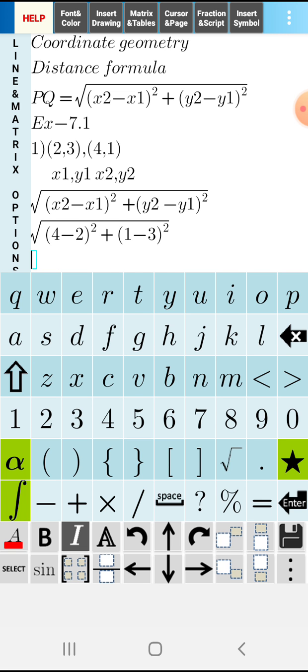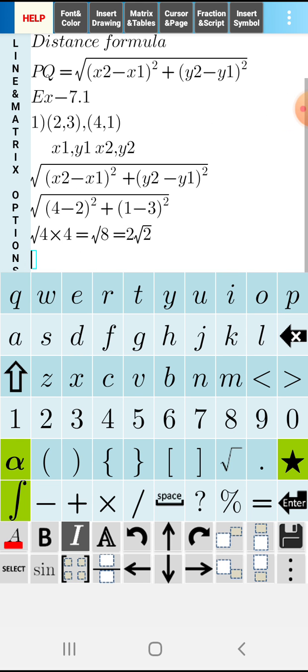We get root of 4 plus 4, which is root 8, and root 8 is equal to 2 root 2.